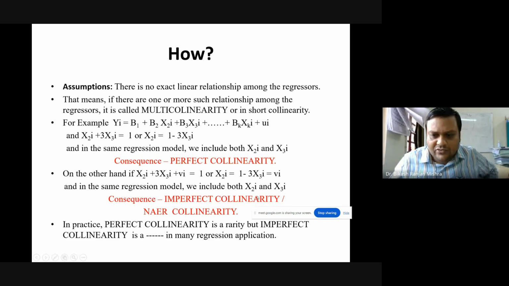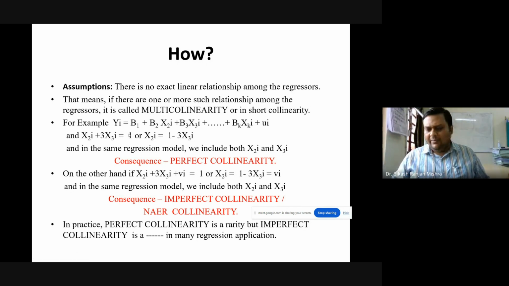Otherwise, if it gives rise to some other number, not necessarily one, say x2 plus 3 times x3 or a times x3 giving 5, 7, 21.23 or minus 17.6, any constant number, then there is the concept of imperfect collinearity.